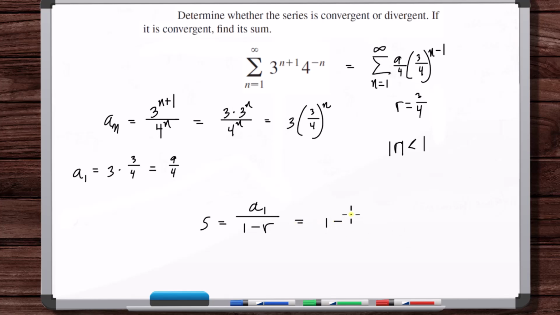So this is 9/4 over 1 minus 3/4. Or no, 1 minus 3/4 is positive 1/4. So this converges, and the infinite sum is equal to 9.